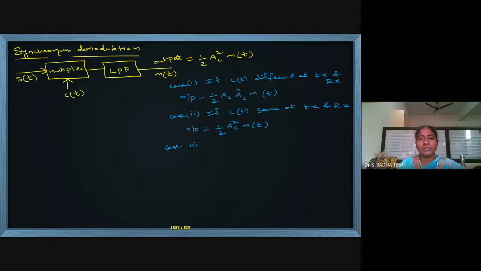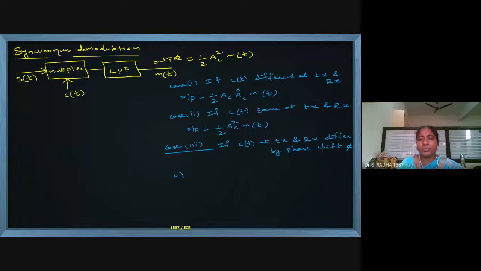Third case, if there is a phase shift, C of t at transmitter and receiver differ by some phase shift. Let the phase shift be phi.